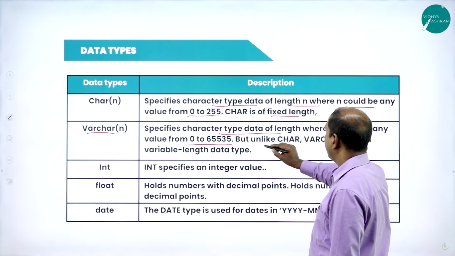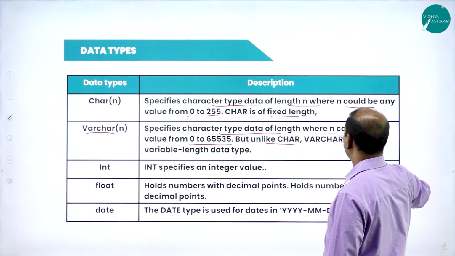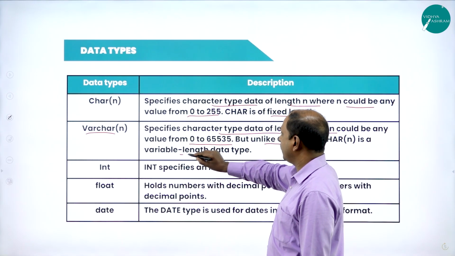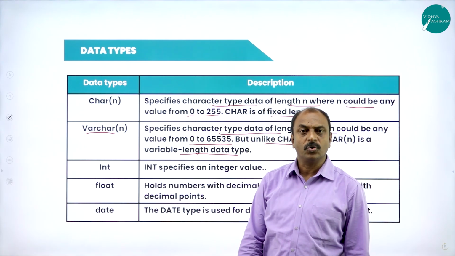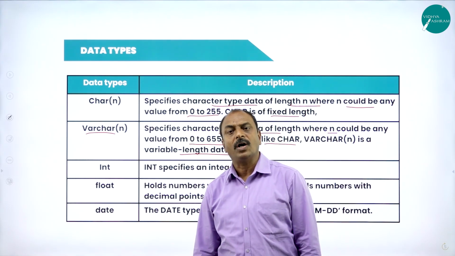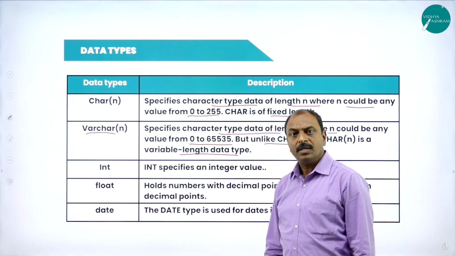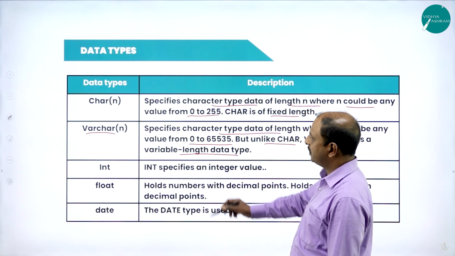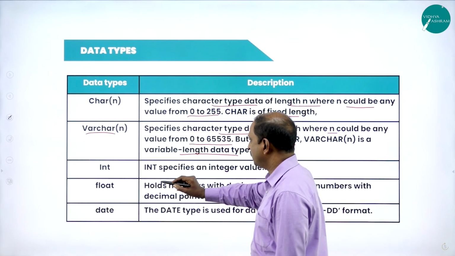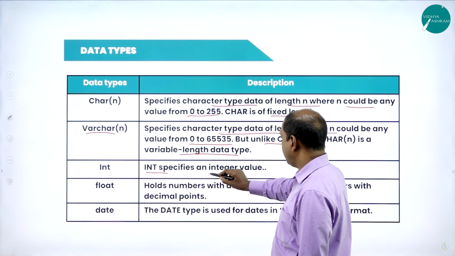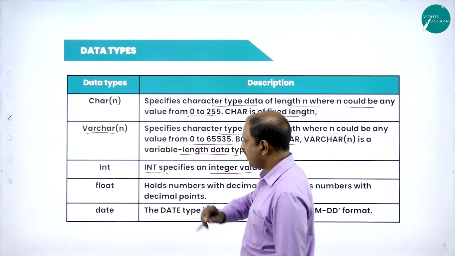Unlike character, varchar is a variable length data type. Normally we use this to store alphanumeric values or any data of type strings. So this is varchar. Next one is int. Int specifies an integer value. This is a data type.